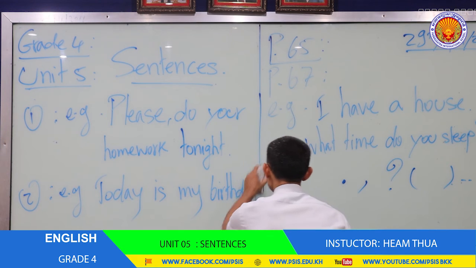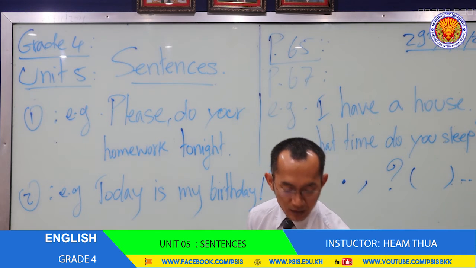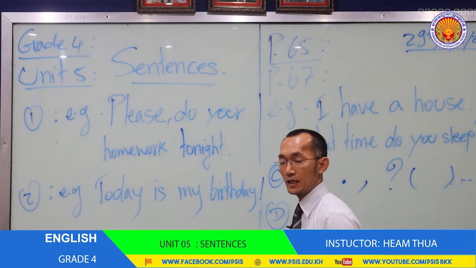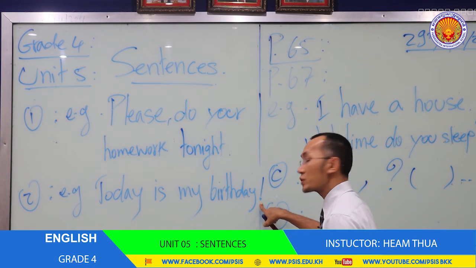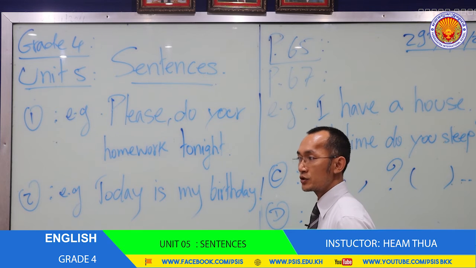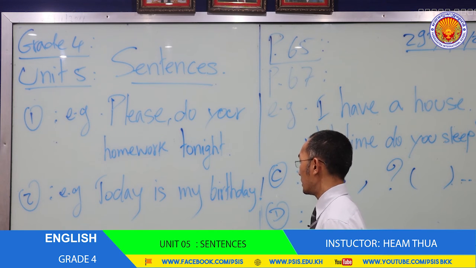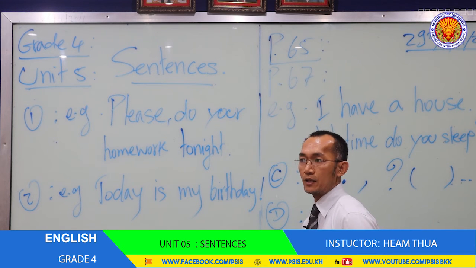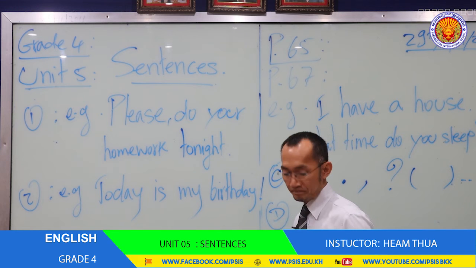Now you need to use exclamatories. This is what we call exclamation. I say again, it refers to exciting times or an exciting feeling that you express with your emotion. Okay.